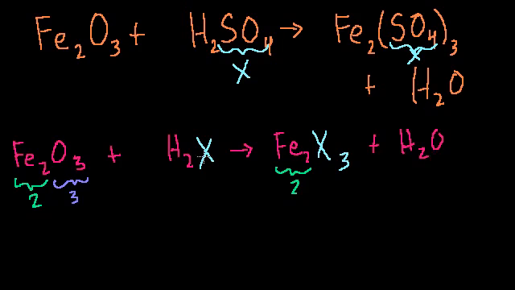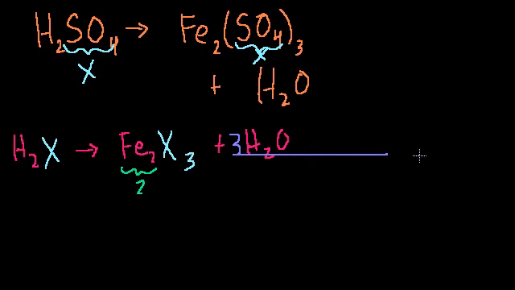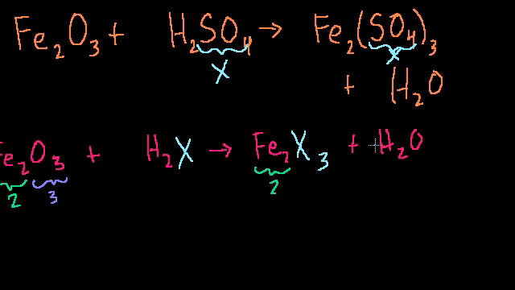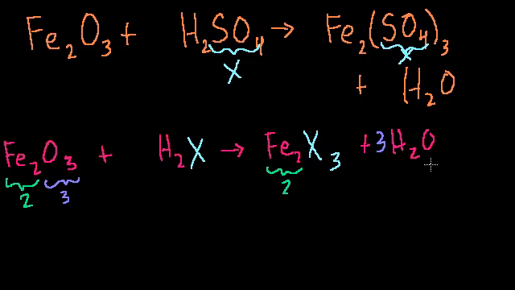And remember, there were some oxygens in this X group, but the sulfate group stayed together, so we can just treat those separately. So if we want to have 3 oxygens on the right-hand side as well, let's stick a 3 here. Sometimes my pen tool malfunctions. So let me put that 3 there. So now we have 3 oxygens as well.